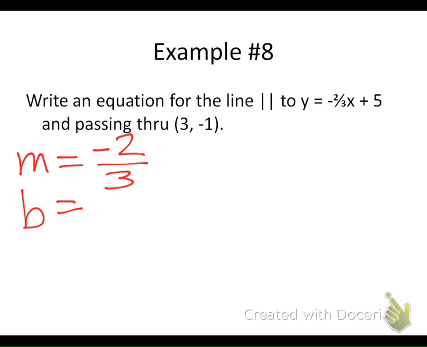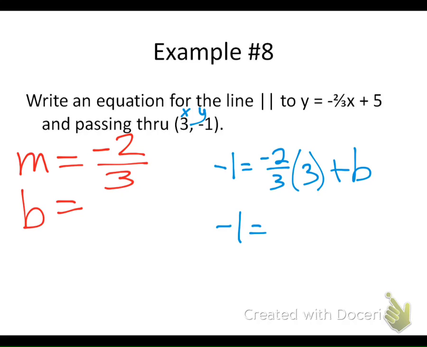Do we have b? No. But again, we have an x and a y that we can use to find b. So y equals mx plus b. When you multiply there, you're just going to get a negative 2.